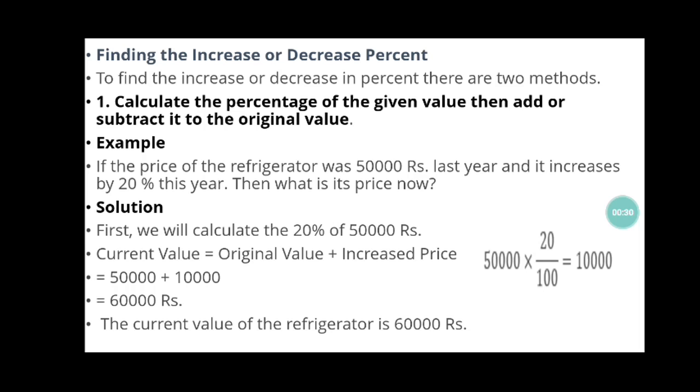So we should learn it. Now let us start with the first method: calculate the percentage of the given value, then add or subtract it to the original value. This is the first method, and now let us see its example.